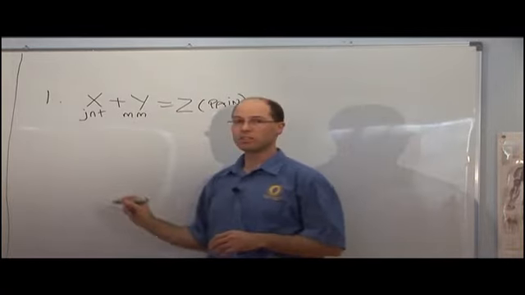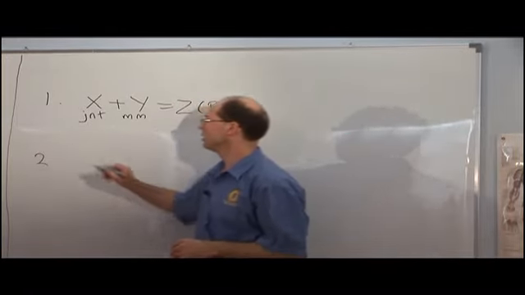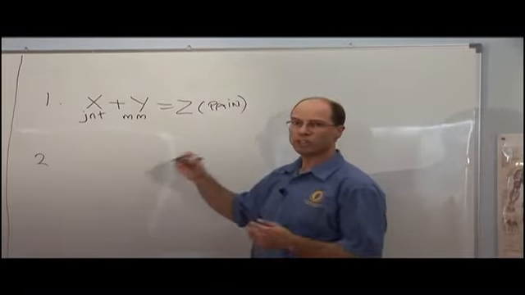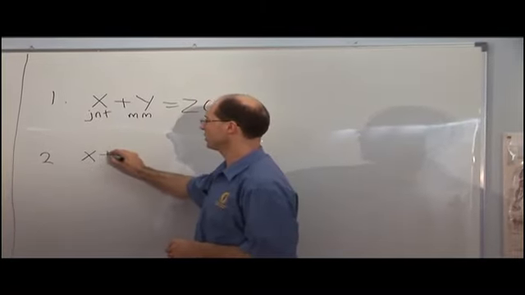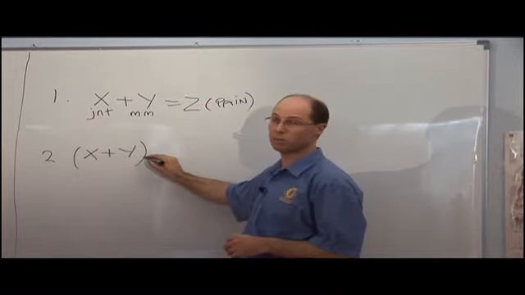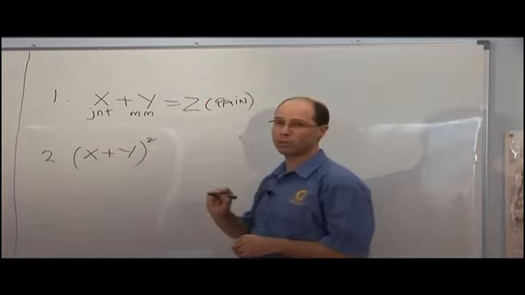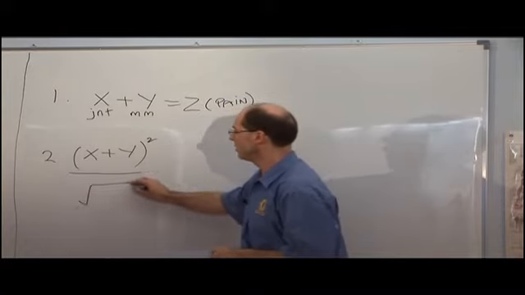The second point I'm going to mention is a more difficult type of patient that comes in. So I'll represent it by X plus Y, same joint, same muscle problem as before. This time they're complicated a little bit.